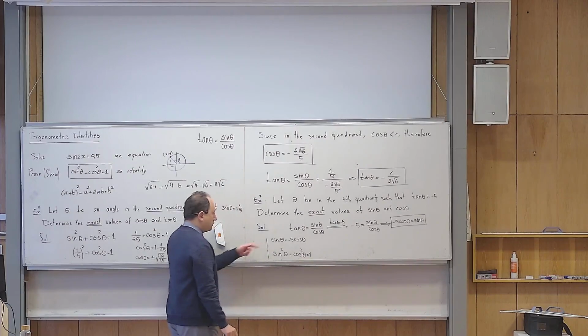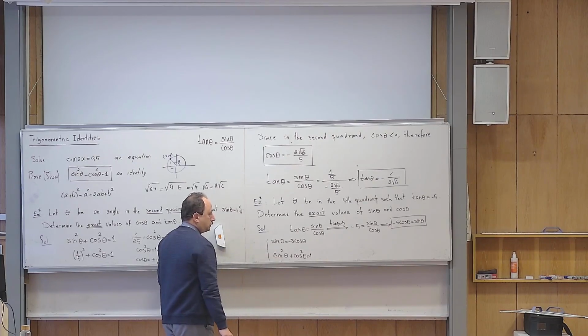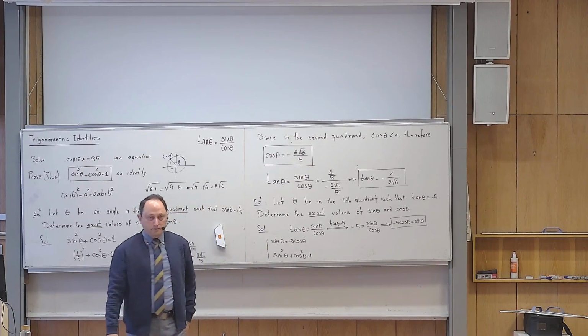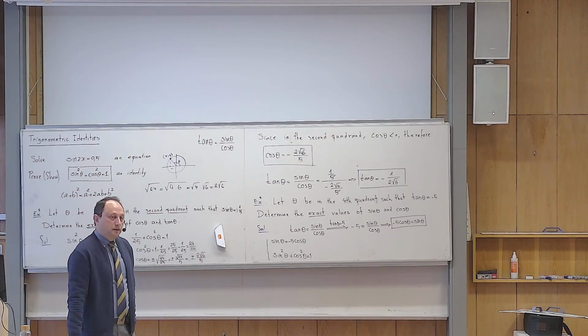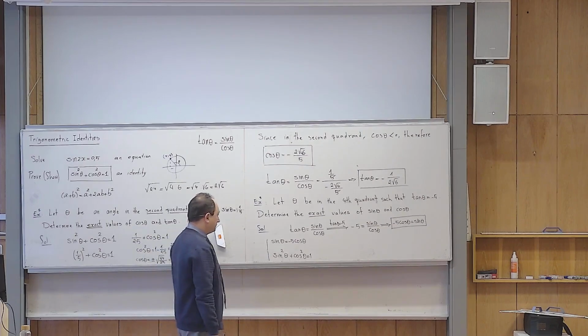Yes? So if I ask you what do you see on the board, this is a system of two equations in two unknowns. One unknown is sine theta, the other unknown is cosine theta. Okay? How can I solve the system? Yes, please. You move cosine to the other side and then combine the equations.